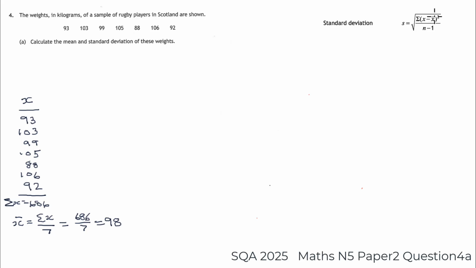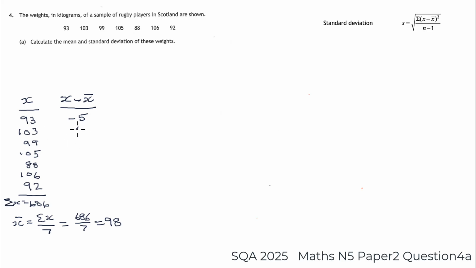X minus X bar, X minus X bar. That's the next column in our table. That's the differences between these numbers and this 98 mean. So we've got 93 minus 98. That's negative 5. 103 minus 98.